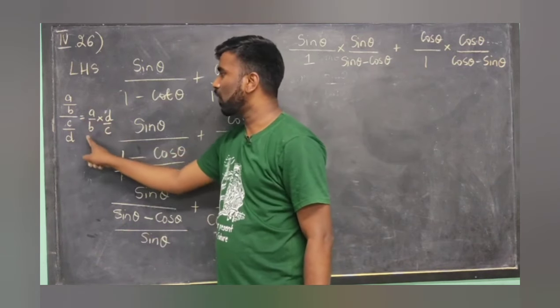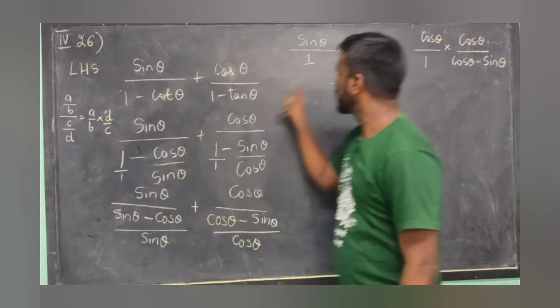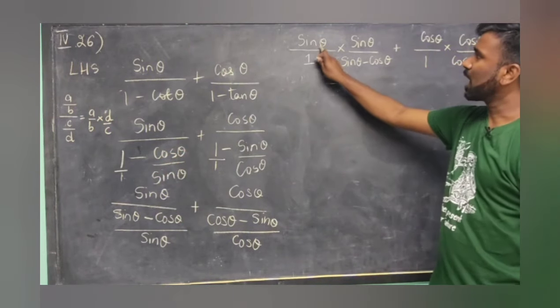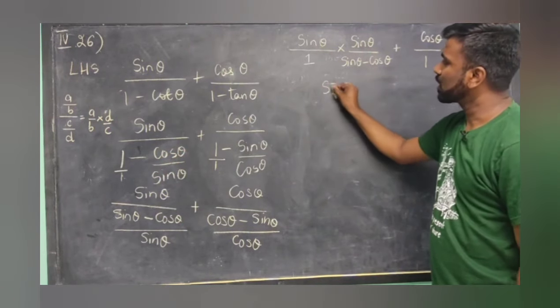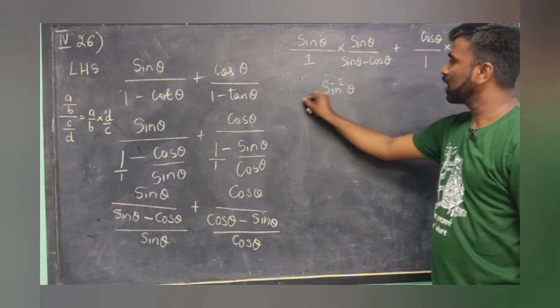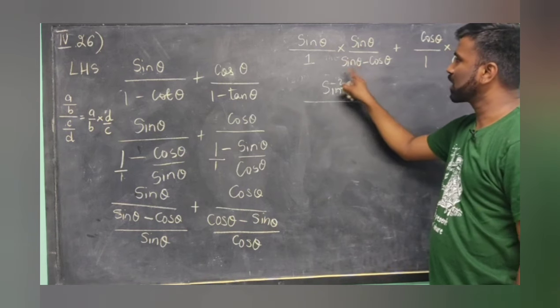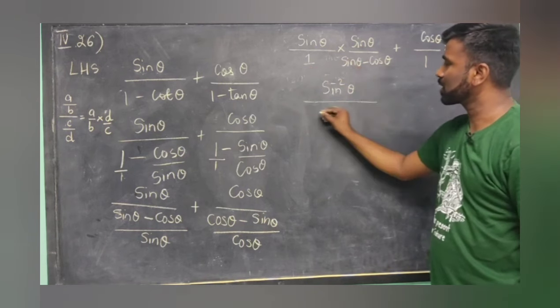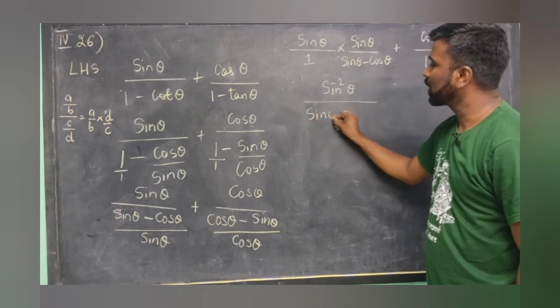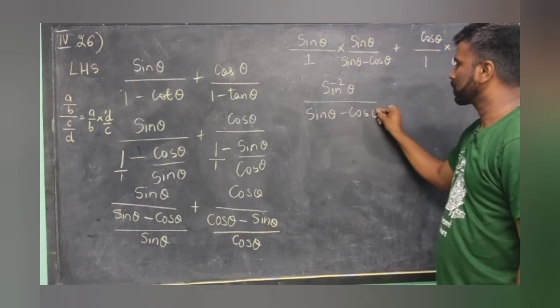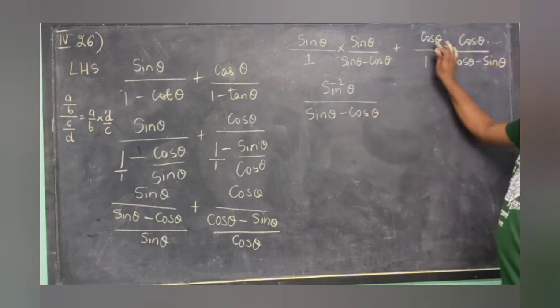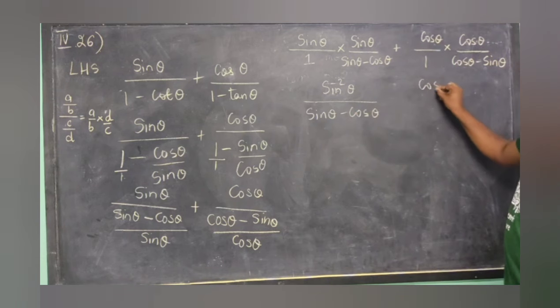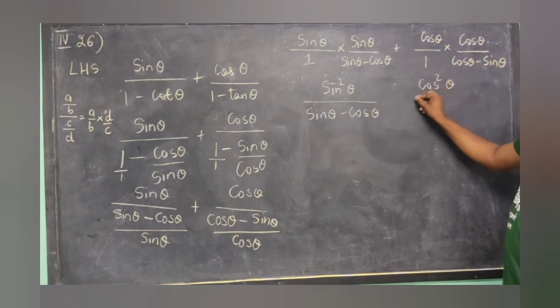I have written it in the form of a by b into d by c. Now sin theta into sin theta is sin square theta divided by 1 into sin theta is sin theta, 1 into cos theta is cos theta, we get sin theta minus cos theta. Now cos theta into cos theta, cos square theta.